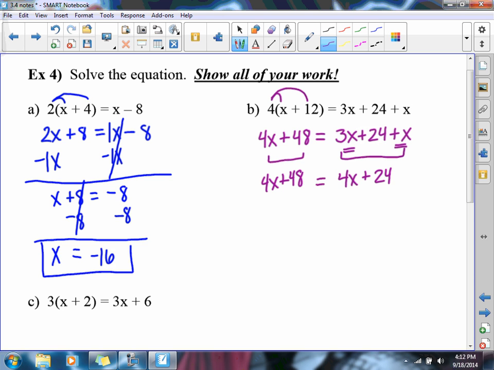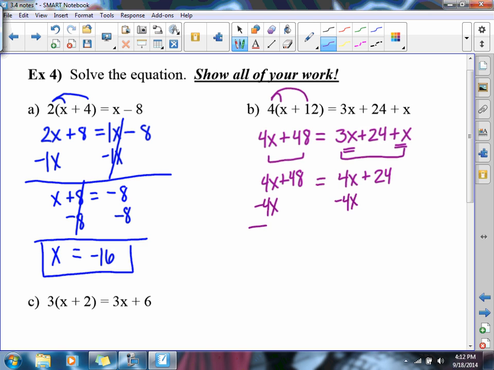Now, let's see, I have to get all my x's on one side. Now, this is a little peculiar. We haven't seen this before. I have a 4x and a 4x. Which one should I move? Which one's smaller? They're the same size. Well, it doesn't matter. Let's just take the one on the right, and to move it to the other side, I'm going to subtract the 4x.